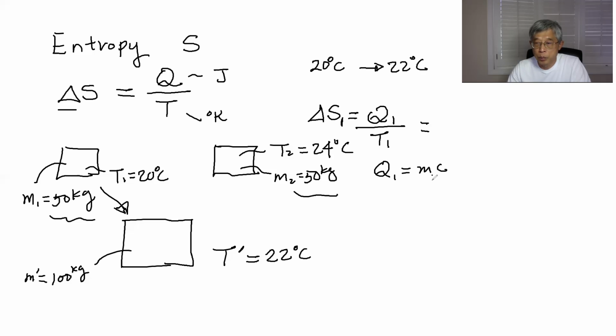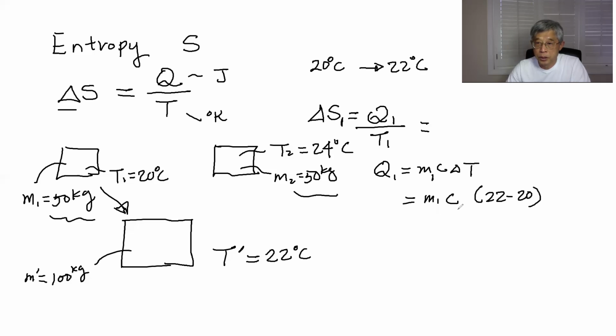Q1 is equal to M1 C delta T, and delta T is equal to 22 minus 20, the final subtract the initial.